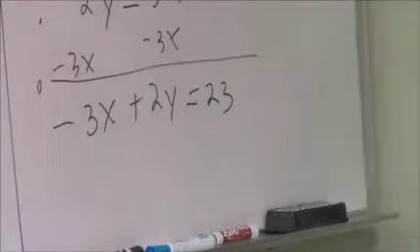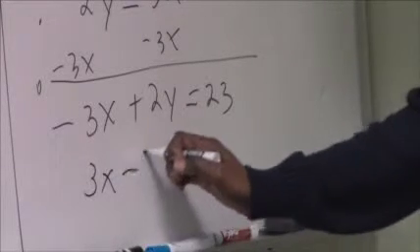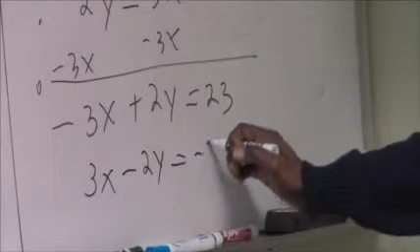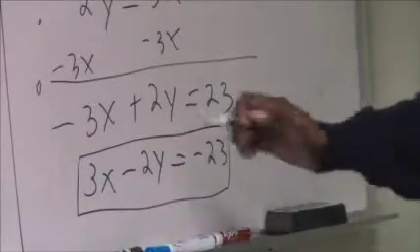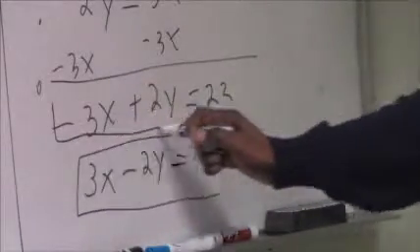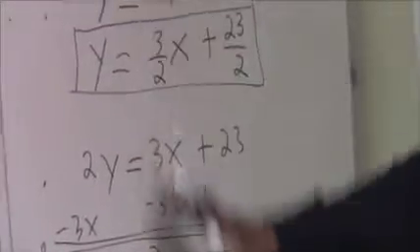Now, something about not having the leading coefficient negative, I can multiply everything by negative 1 and have 3x minus 2y equals negative 23. So all of these answers are the same. They're just written in different forms, and I want you to familiarize yourself with the different forms, but they are all the same.